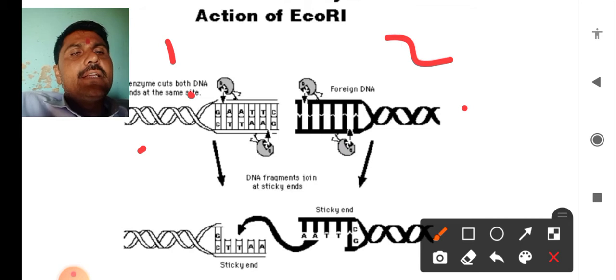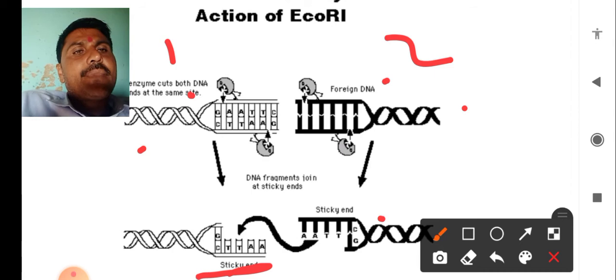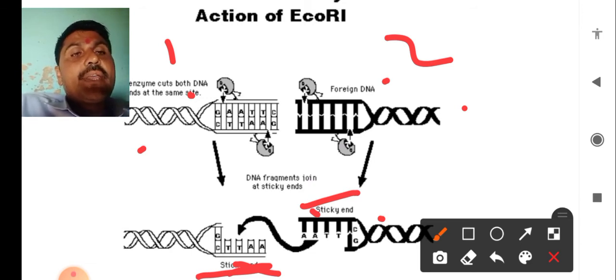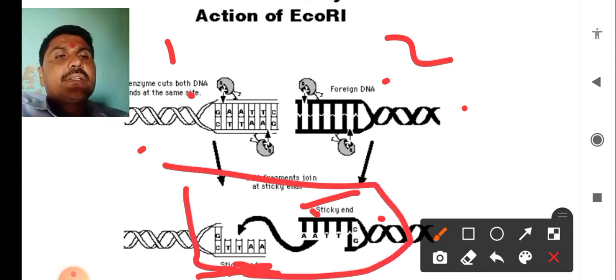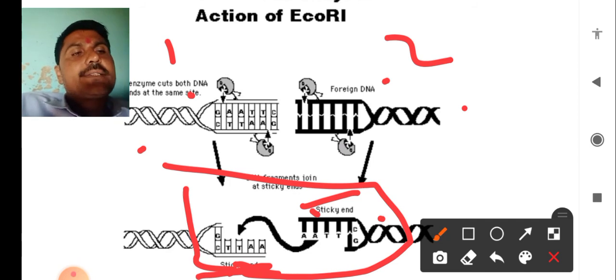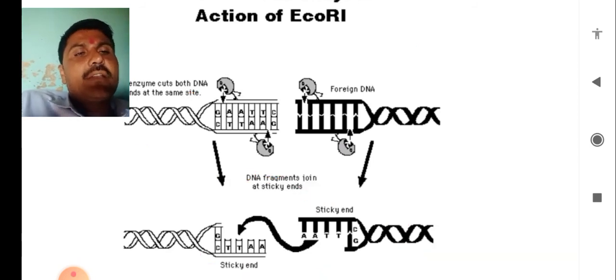This is the sticky end of the foreign DNA. The sticky end from the lower side of this DNA and the sticky end from the upper side of this DNA can be seen over here, and now they will attach in proportion and bind the sequences to each other.